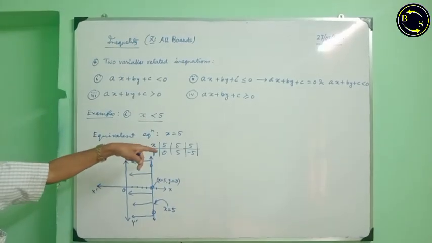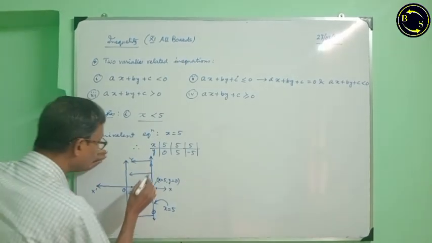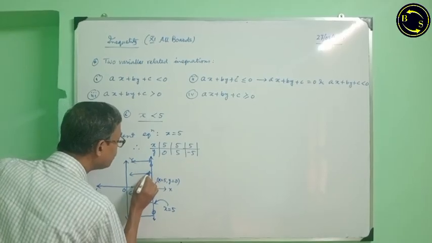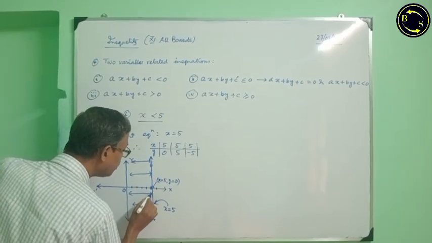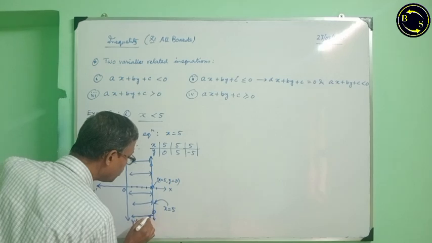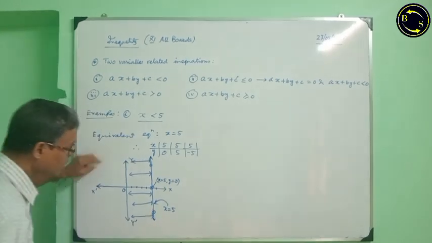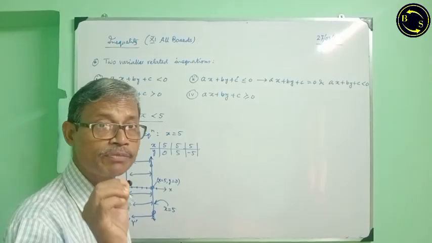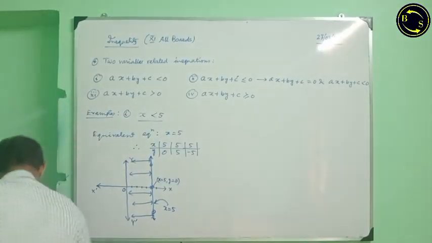Since x is not equal to 5, for that we may put a cap or we may give a little space like this.